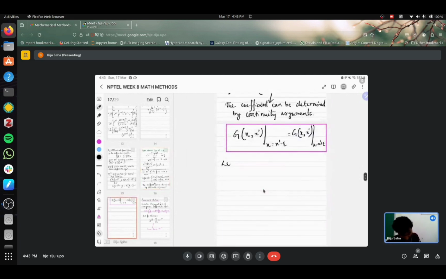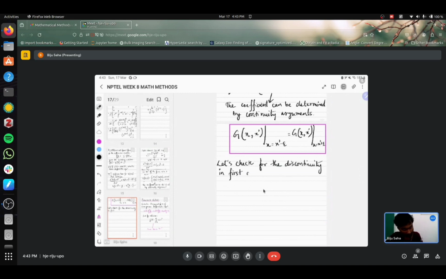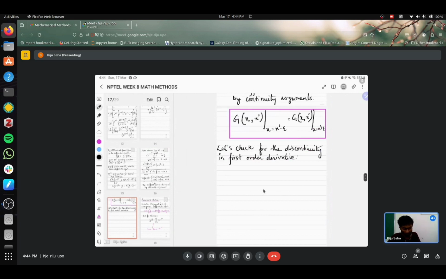So let's check for the discontinuity in the first order derivative.